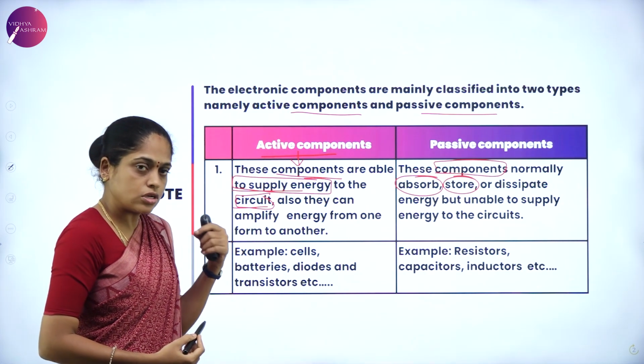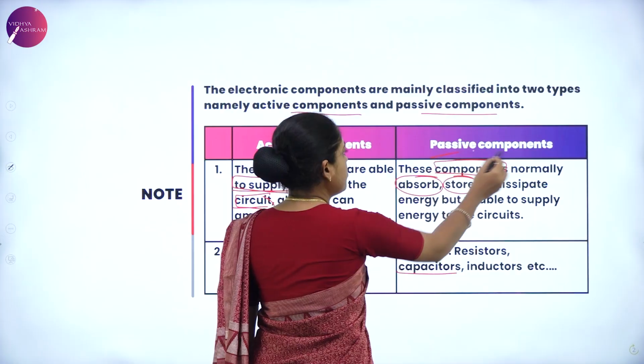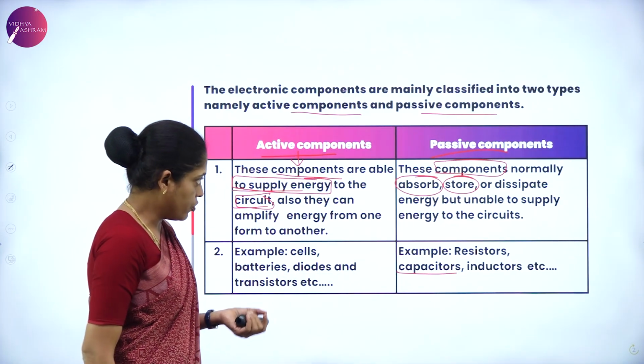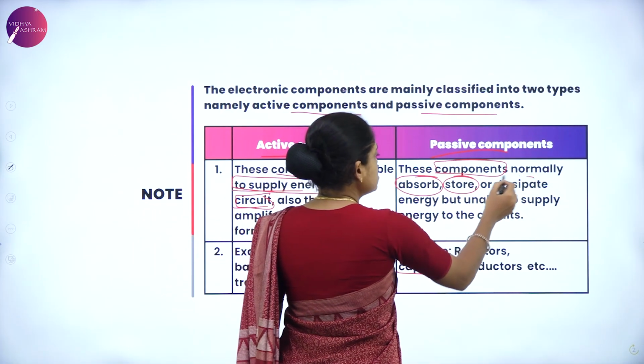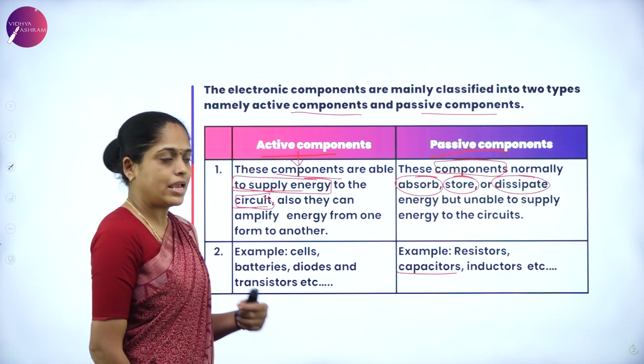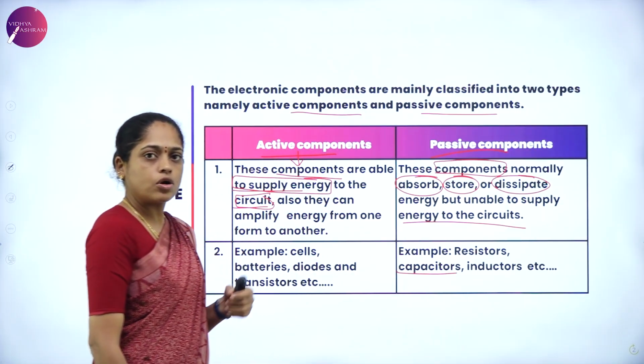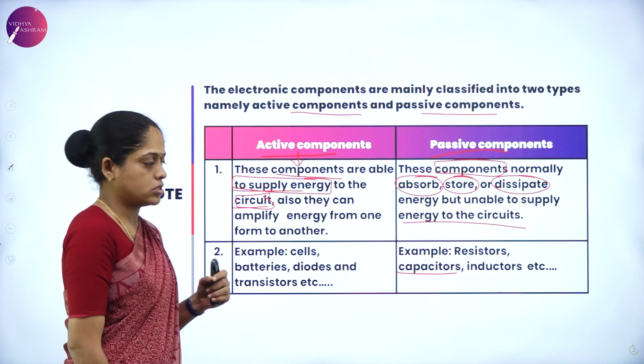You know, a capacitor stores energy. Therefore, a capacitor is an example of a passive component. Passive components also dissipate energy, that is, loss of energy in the circuit. These components are known as passive components.